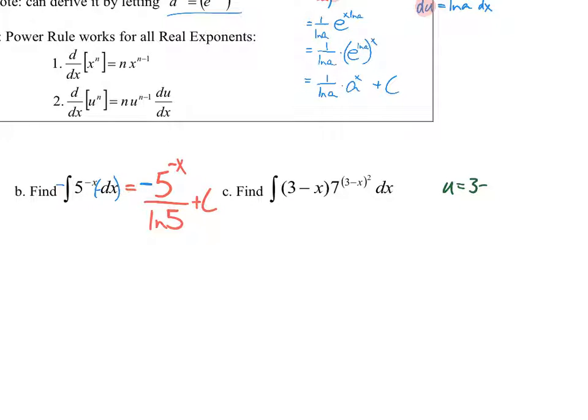So du is -1. Now, how do you think that's going to work here? You have to add a negative. Can you do two different u's? Well, you just need a -1. Potentially. Yeah, but I get what you're saying.